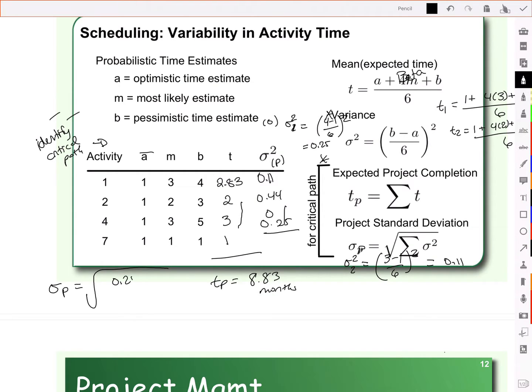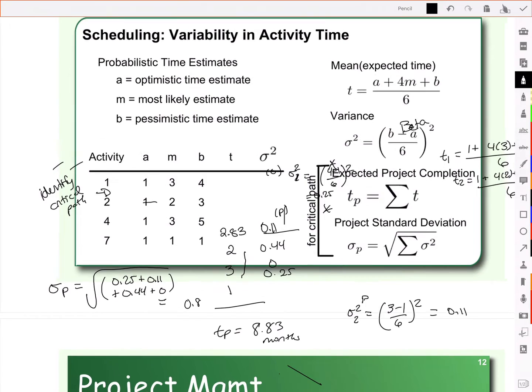So 0.25 plus 0.11 plus 0.44 plus 0. So we add all that together. Okay. And then we're going to take the square root of that number. So we get about 0.8. If you include all the decimals from those previous sigma squares, I think you end up around, what is it, about 0.806?